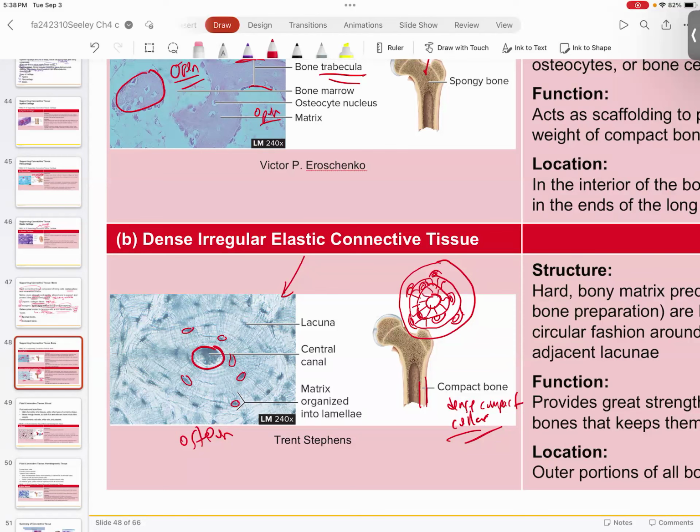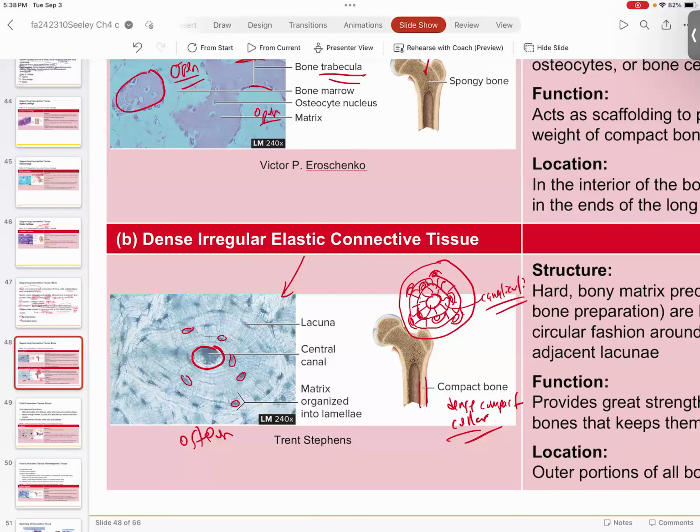And these little lines are like little channels, little tunnels connecting the osteons to the central canal. These are what's called canaliculi. Little small tubes or conduits that basically laterally connect the osteocyte to the blood supply.